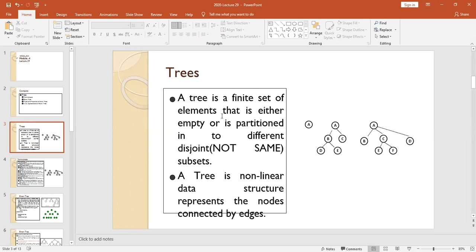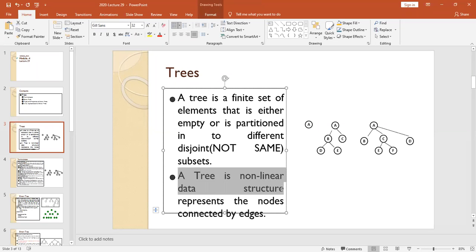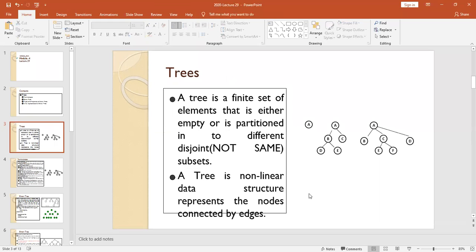It is a finite set of elements that is either empty or partitioned into different disjoint subsets. It is a non-linear data structure. As I have already told you, linear data structures are stacks, queues, and linked lists, while non-linear data structures are trees and graphs. In that, we are discussing trees.